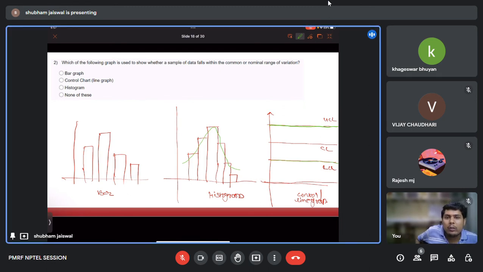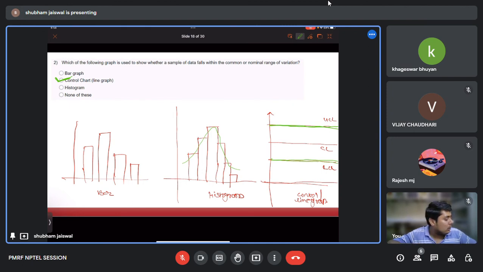Suppose we have set one variation range, like this is the upper control limit and this is the lower control limit, and we want to see how much data is falling within that range. Only using the control chart can we represent this. So it will be the control chart. If you talk about the frequency of occurrence, then we can plot using a histogram.